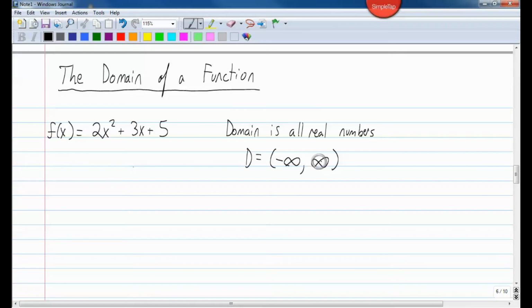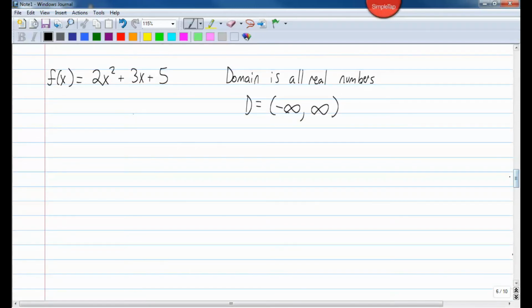So this also means all real numbers. Alright? So as long as you don't have a denominator or a radical, then we don't have a problem plugging anything in. So the domain is all real numbers.